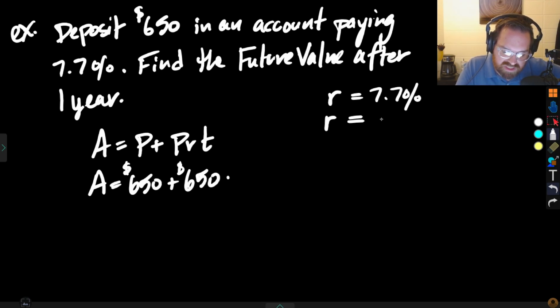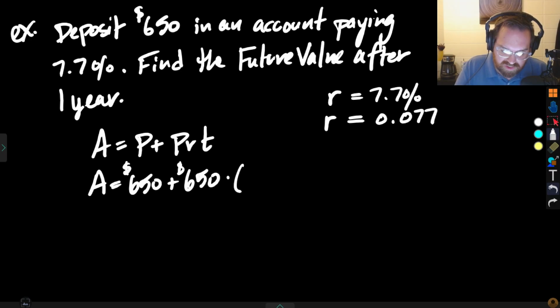So this is going to be 0.077. We shift the decimal 2 places to the left when we convert from a percentage to a decimal. So this is the actual number that we're using in place of R in that equation.